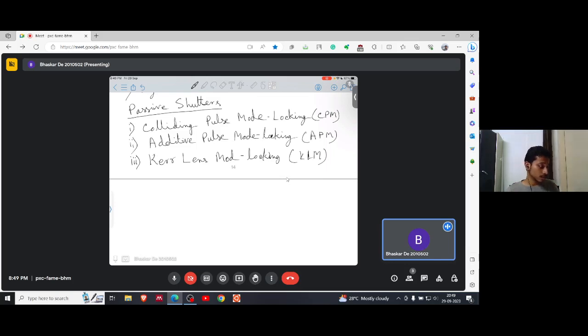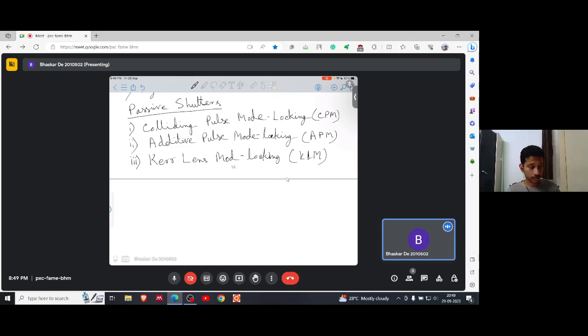And then there is the additive pulse mode locking. So here we use an optical fiber and the mirror is located at the end of the fiber to return the beam to the cavity. Then the portion of the laser pulse that travels to the fiber is reinjected into the cavity.